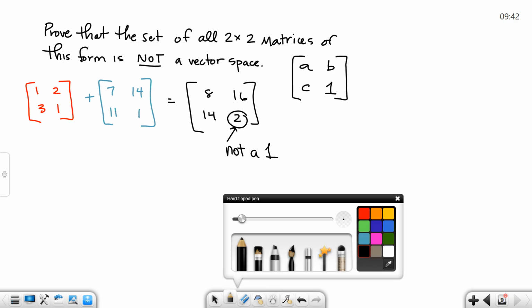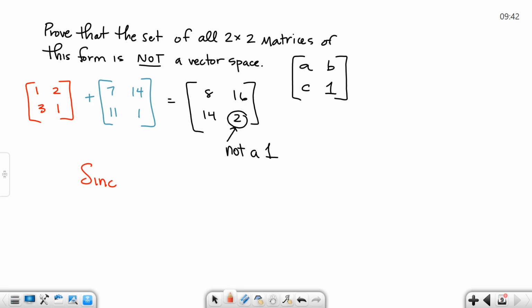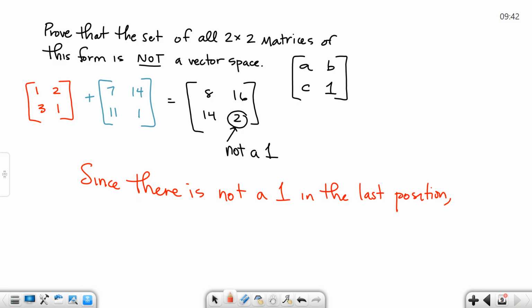Okay? So, tidying it all up, since there is not a 1 in the last position, it is not closed under addition.